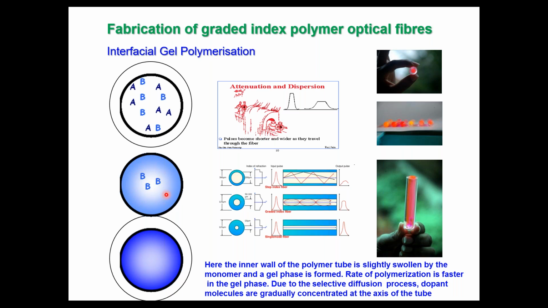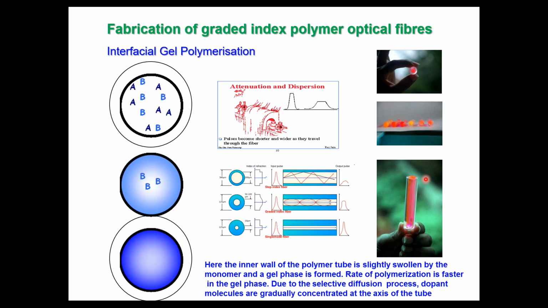Finally, you will have these molecules B, which are bigger in size, and the maximum concentration of B will be along the center, and that will result in a structure something like this. You have a cladding and you have a core with a refractive index which is continuously changing and maximizes at the axis. So this process is actually called interfacial gel polymerization.